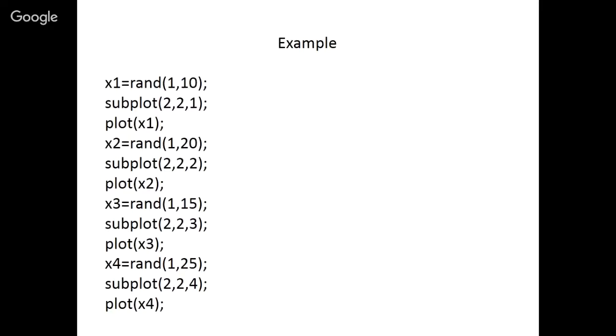You must have done the subplot command. Subplot 2 by 1 means there will be 2 rows, and we generate the first wave, the random signal, in the first quadrant. After that, random 1 to 20, then 1 to 15, then 1 to 25, and we have generated some random signals in the plots.